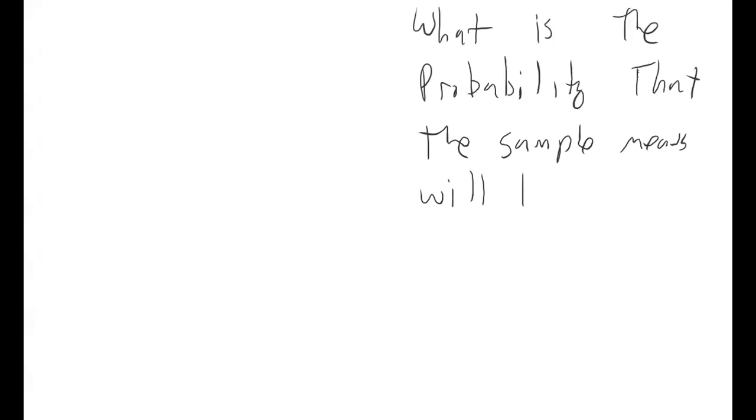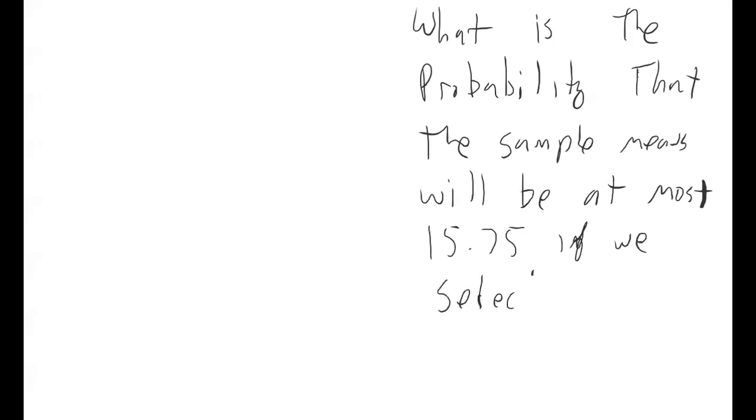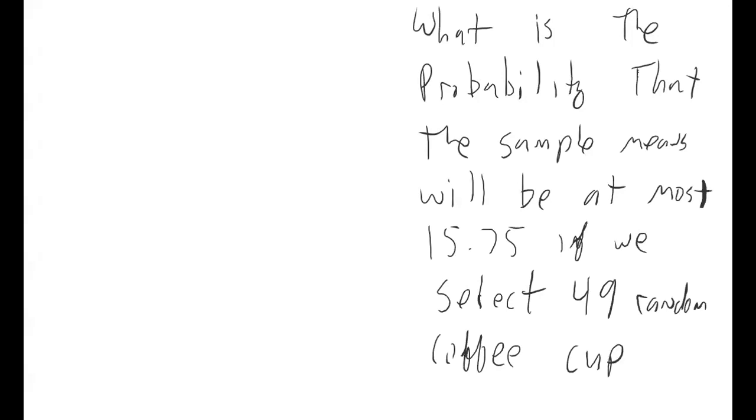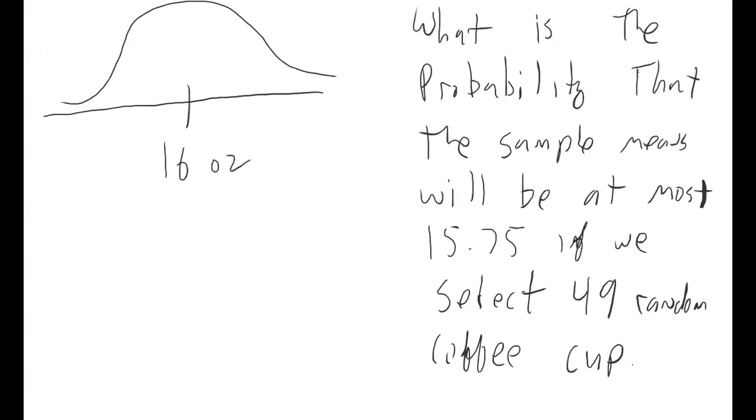Will be at most 15.75 if we select 49 random coffee cups. So again, we'll assume that the population mean is still 16 ounces. Remember, this is mu. And then our population standard deviation, we said, was 1/2 ounce.